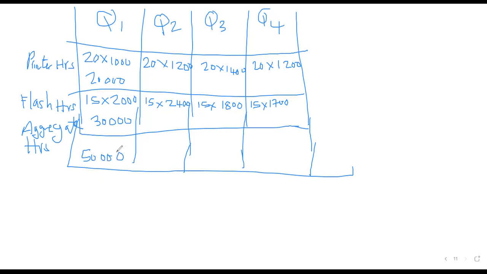Quarter two, 20 multiplied by 1,200, so this is 24,000. So 15 multiplied by 2,400 is 36,000. So plus 24,000, it is 60,000.